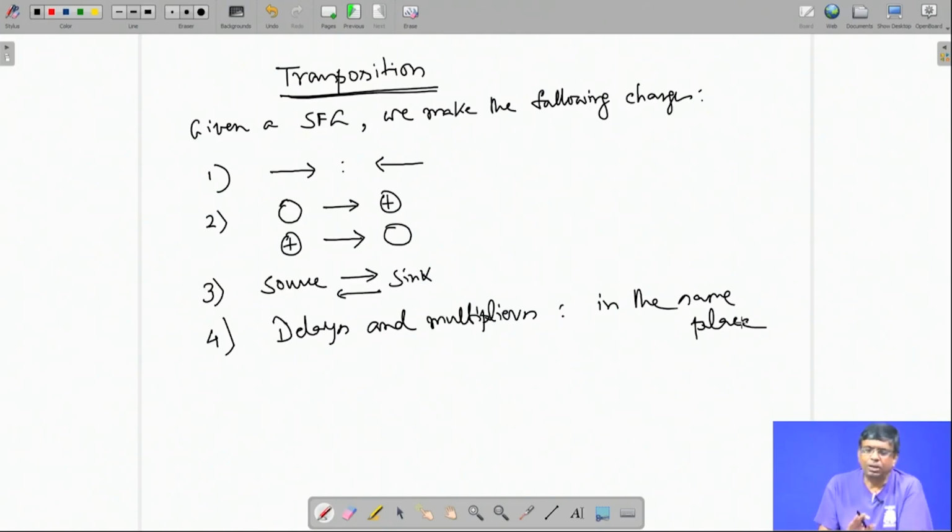All right, we will apply these techniques to that SFG of the FIR filter we have obtained a while ago. So, I once again draw that SFG.